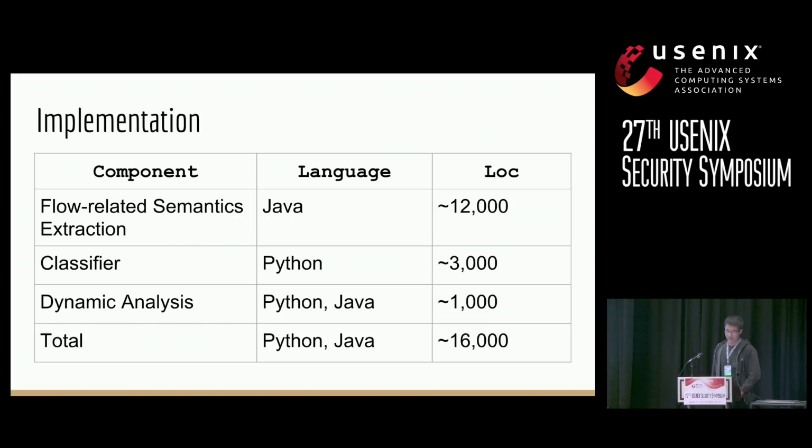And dynamic analysis, I didn't talk too much about this in the presentation, but basically we use a suite to rewrite the app. And then we use our own fuzzing tool called Apps Playground to explore the app. It's implemented in about 1,000 lines of Python and Java code.